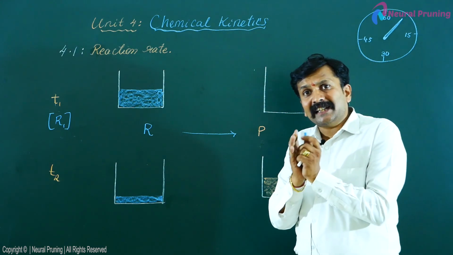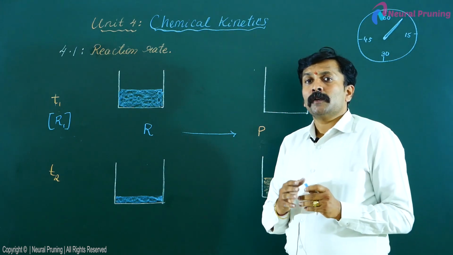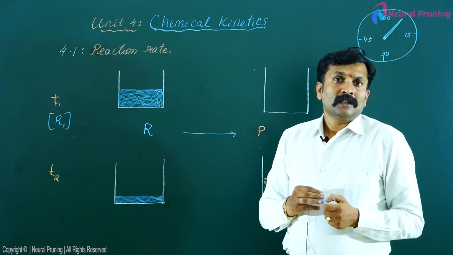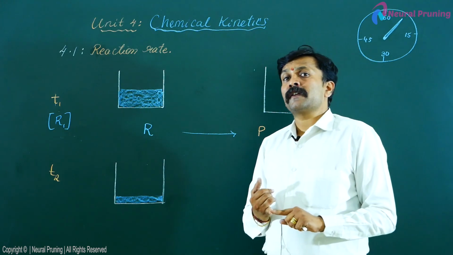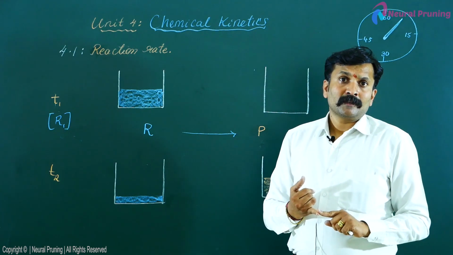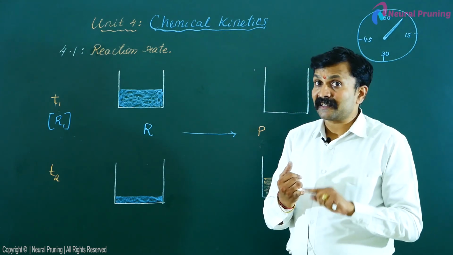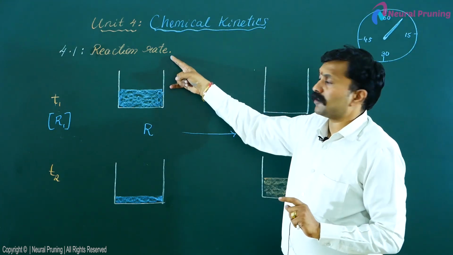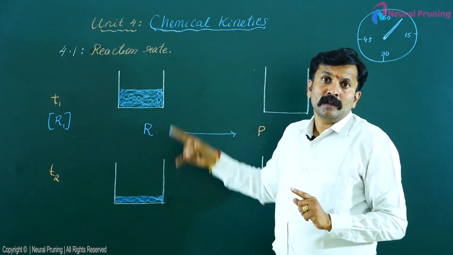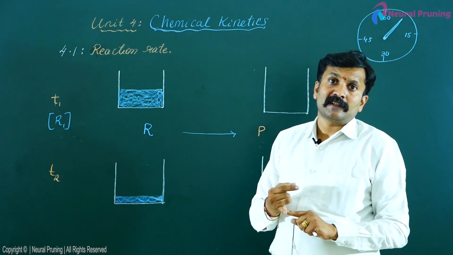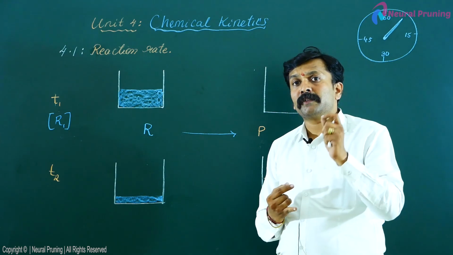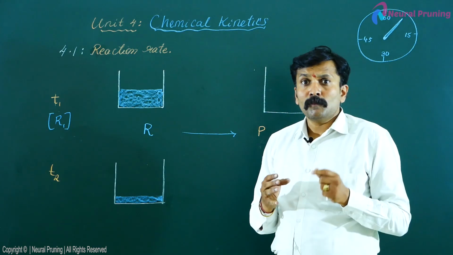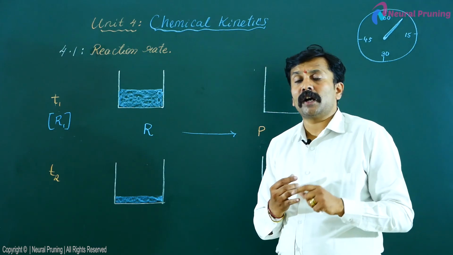But in our daily life, we come across rate in relation to different things. The rate we use for a price tag: how much is it? 100 rupees. The same word rate is used, so don't get confused with chemistry rate. Then one more usage, usually with objects, is the movement of a vehicle or an object.